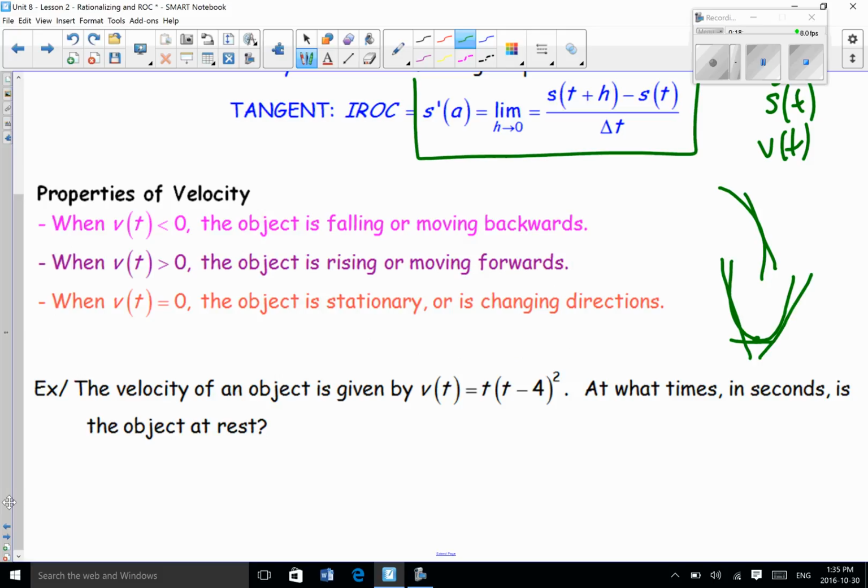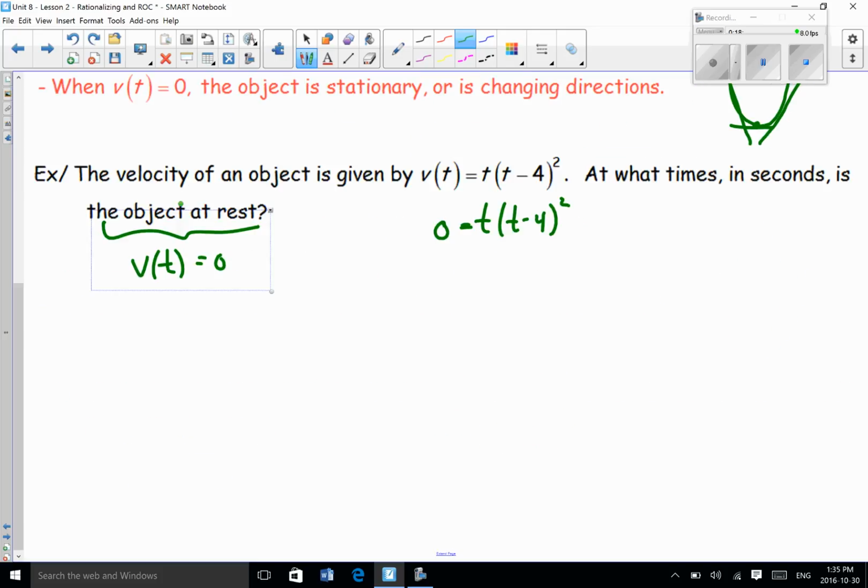So displacement and velocity are related to each other. The velocity of an object is given by this equation. At what times is the object at rest? The object's at rest when my velocity equals 0. So if I take my equation and make it equal 0, and reflect back on quadratics, or in this case cubics, we know things equal 0 when each piece equals 0.